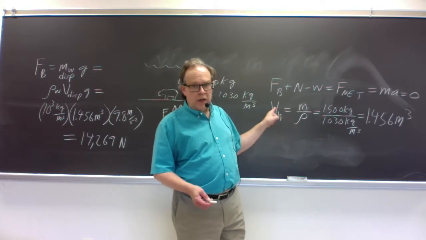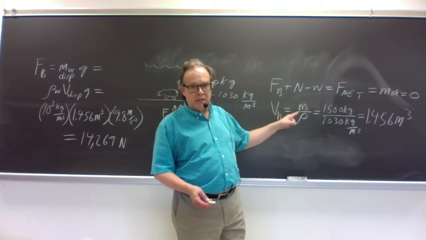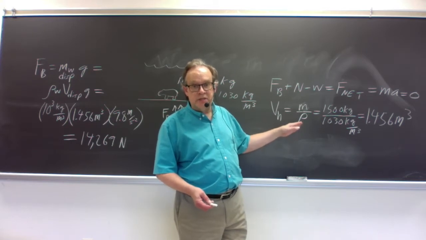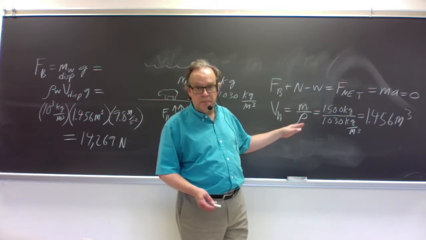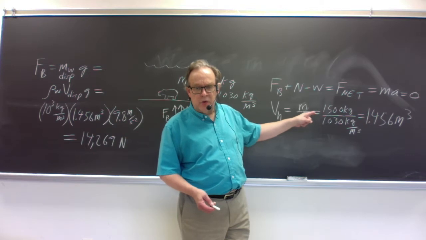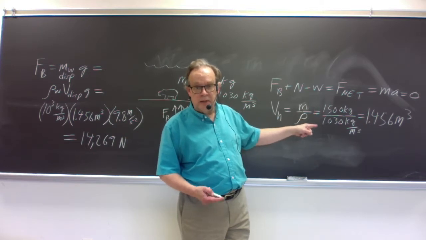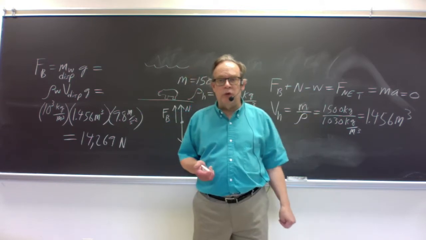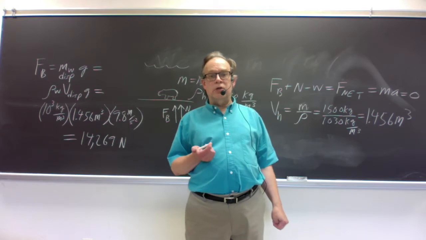So the volume of the hippo is mass divided by density, because remember, density is just mass divided by volume. So there's the mass of the hippo, 1,500 kilograms, divided by density, 1,030 kilograms per cubic meter, and that comes out to 1.456 cubic meters.